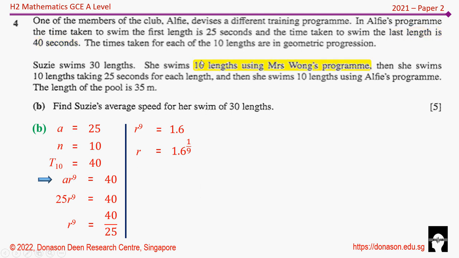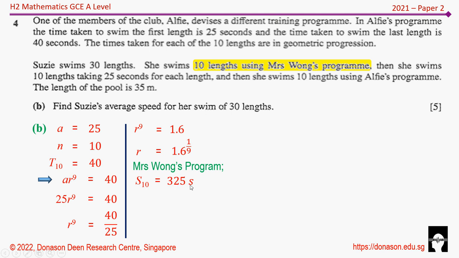So now she is swimming 10 lengths using Mrs. Wong's program. Let's go to Mrs. Wong's program first. S10 we have already worked out in the first part, it's going to take 325 seconds. From the first part we worked out for 10 lengths what the time taken would be.